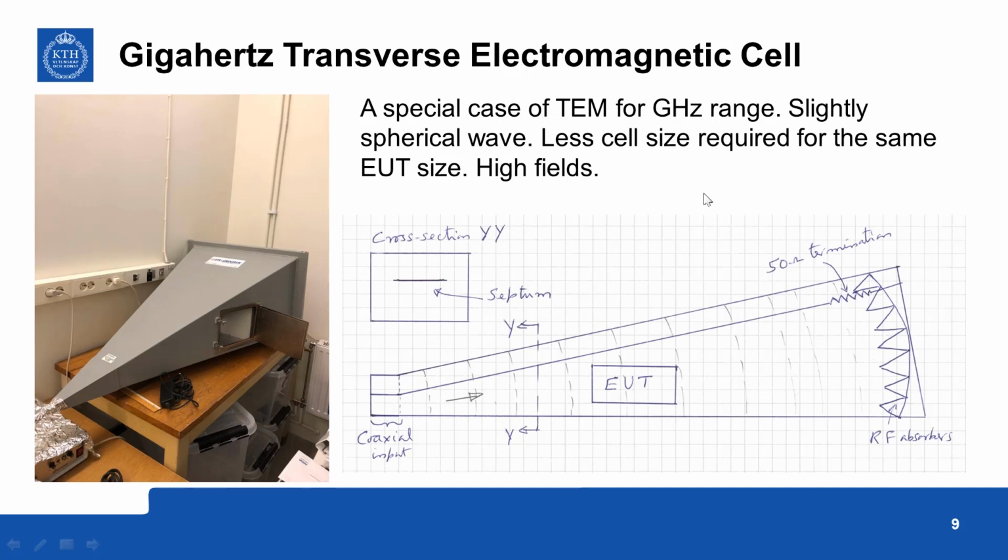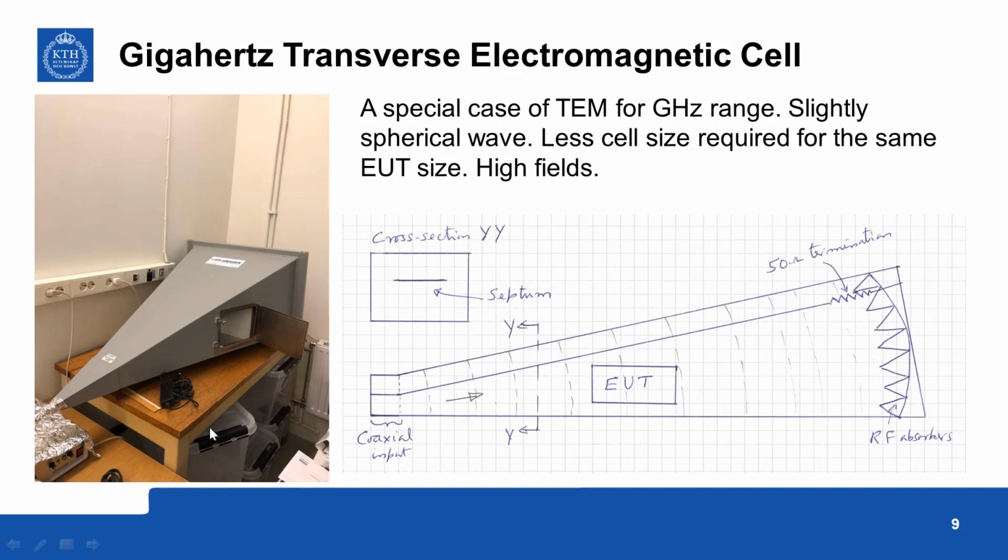Next is the gigahertz transverse electromagnetic cell, a special case of the TEM cell, especially suited for the gigahertz range. If you are mostly interested in extremely high frequency, you can have much smaller cells, and this is kind of a half TEM cell, in the sense that you have a coaxial termination here.